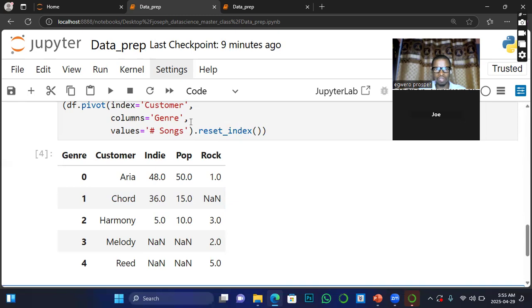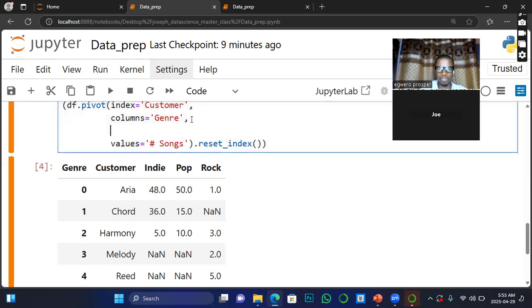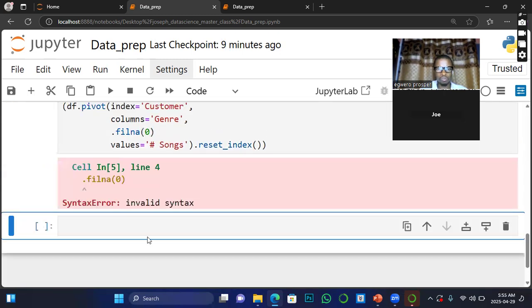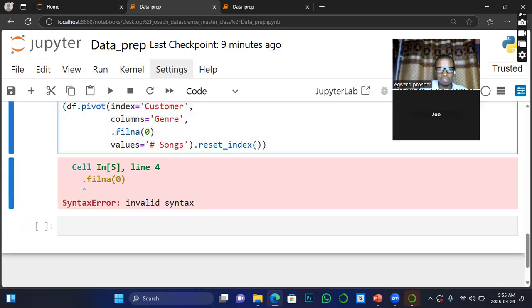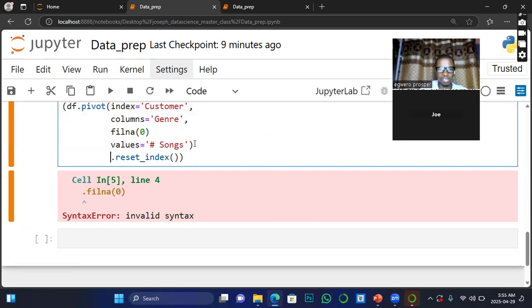I can just bring it before this and then do .fillna and supply 0. So what is it saying? Value index. I think I should bring it here. Put a comma here. .fillna.